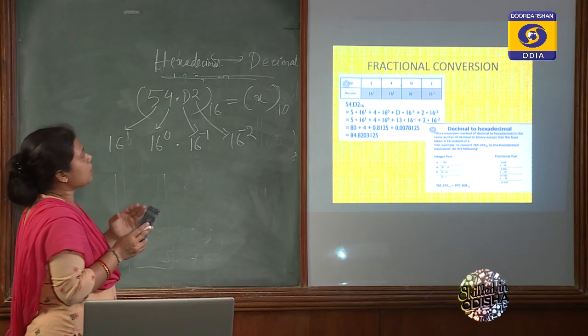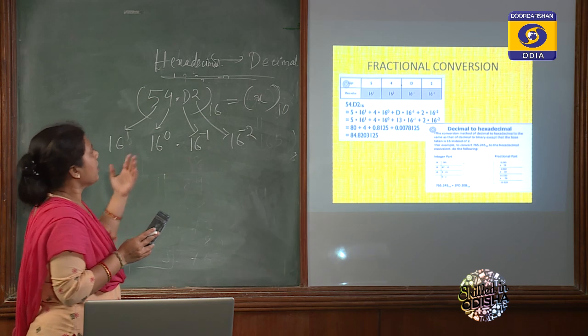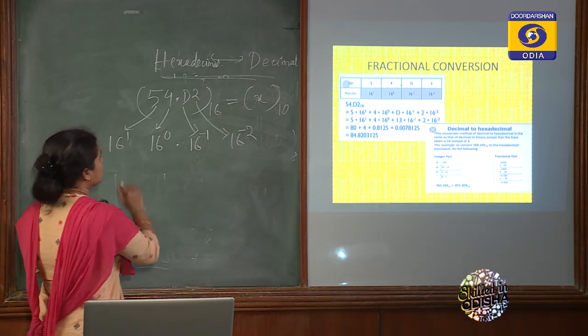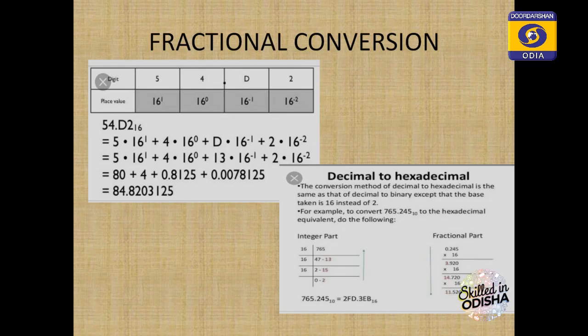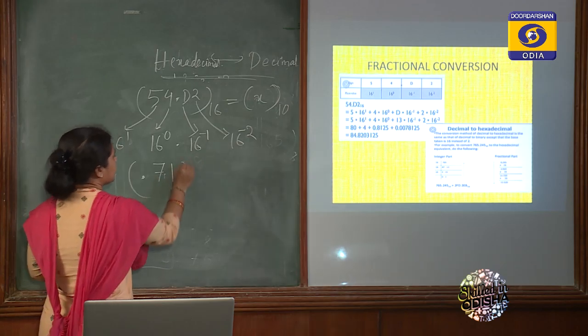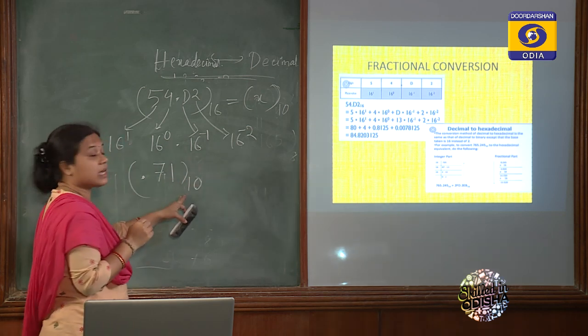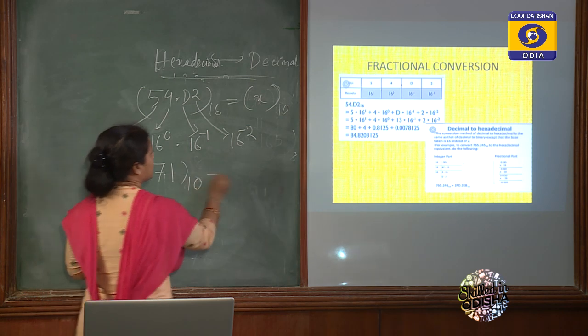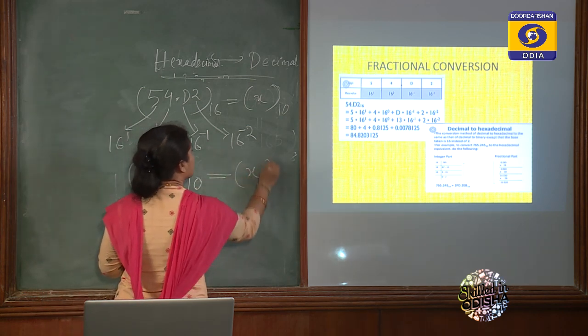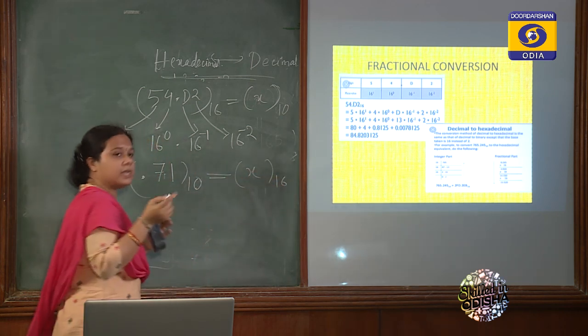Similarly, when I have to go for decimal to hexadecimal, suppose one term is 70.71. This one is our decimal representation, and I have to find the equivalent hexadecimal representation.